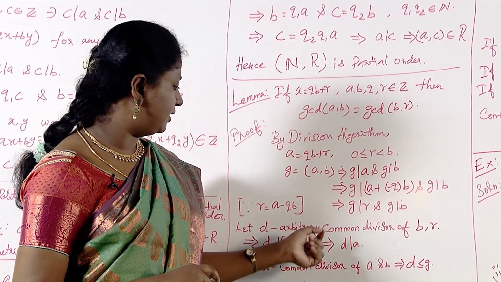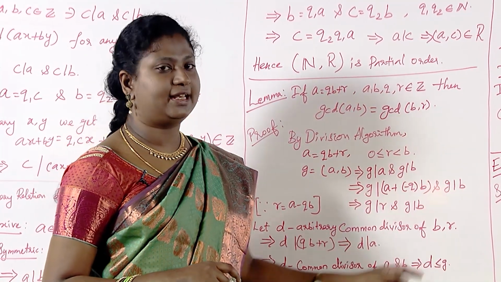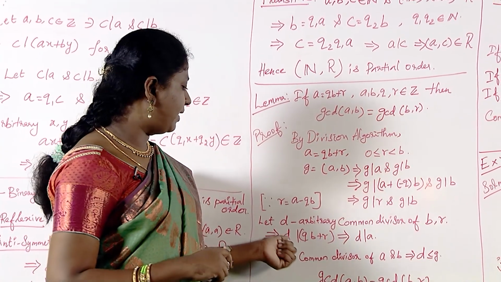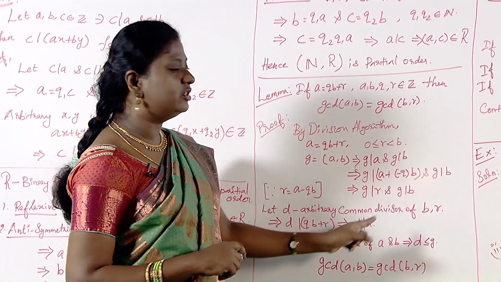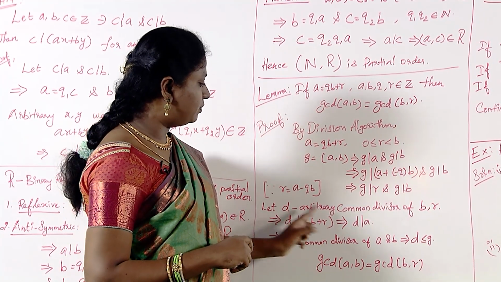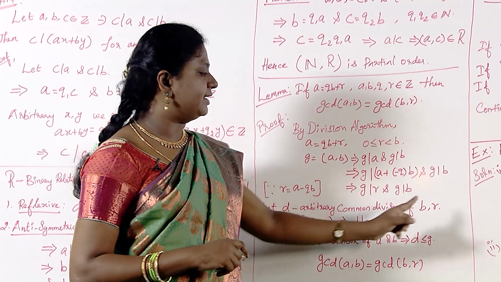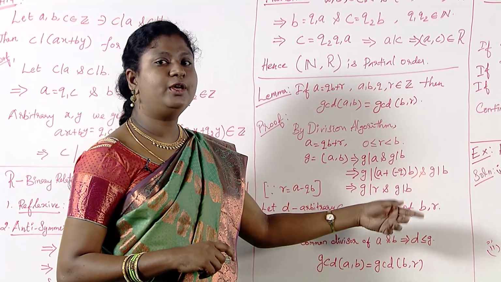What happens if you have an arbitrary common divisor of B and R? I am going to take the common divisor to be D. So, I have another divisor that divides both B and R. If that is the case, then D divides B as well as D divides R. If D divides B, then D divides QB also.